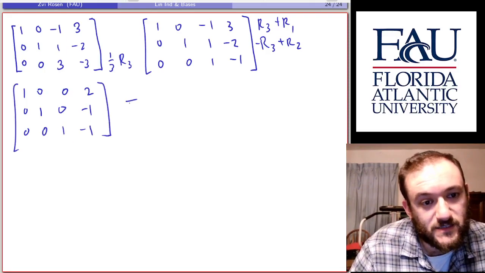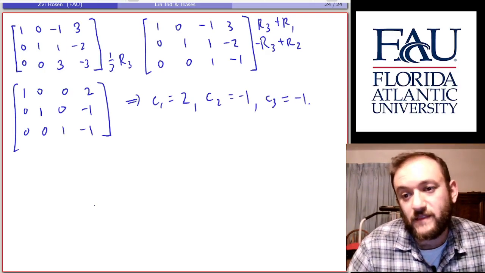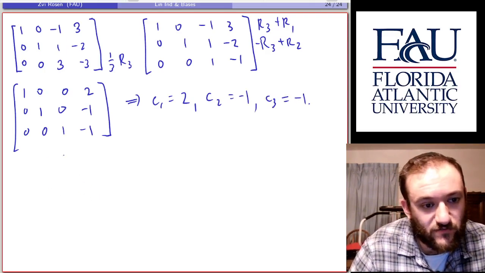So this tells us that c1 is equal to 2, c2 is equal to -1, and c3 is equal to -1. Let's see how that works with our vectors.